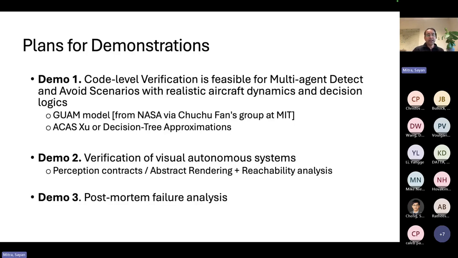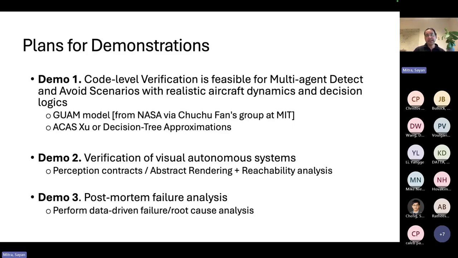And the third possible thing that we are considering, this is still a little bit preliminary and there's some ongoing discussion, is Chuchu Fan's work, to be able to do post-mortem failure analysis.